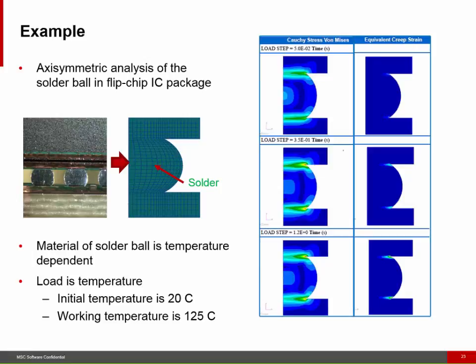So on the pictures on the right, under the temperature loading, going from 20 degrees up to a working temperature of 125 degrees Celsius, we see some primary creep strains developing in a part of the connection between the solder and the chip.